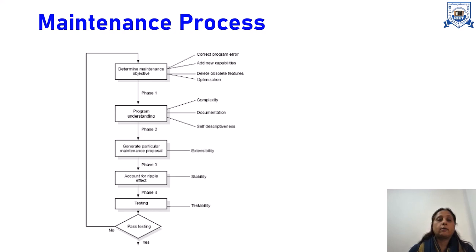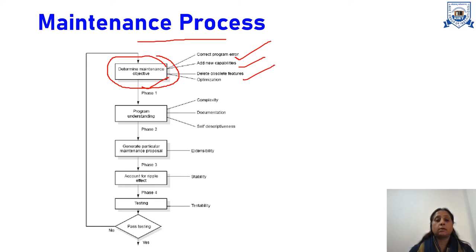Now we continue with the maintenance process. Whenever we do maintenance, our first task is to determine the objective. First we determine the maintenance objective, whether we are going to correct errors, add new capabilities, delete obsolete features, or do optimization. After that, in the second phase, we continue with program understanding.